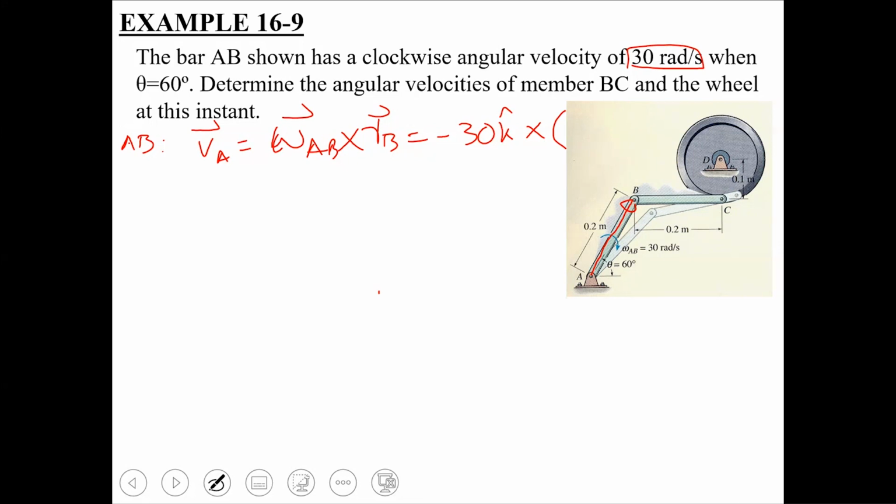Sir, 0.2 and theta 60 degrees, so take out both its components. And both will be positive? Yes sir, in the first quadrant. So it is 0.2 cos 60 i, 0.2 sin 60 j. This gives you the position vector RB. Once you take the cross product, the velocity of point B, which is VB, comes out to be 5.196 i minus 3j meters per second.